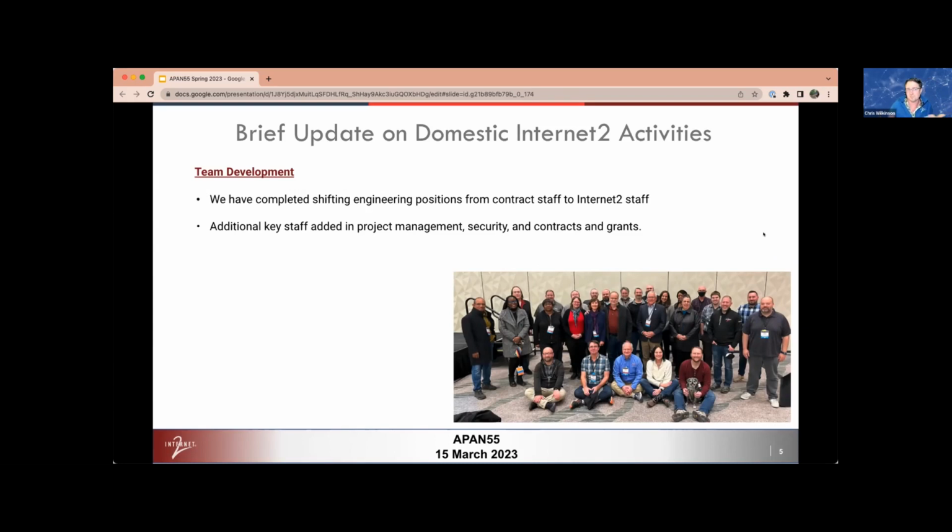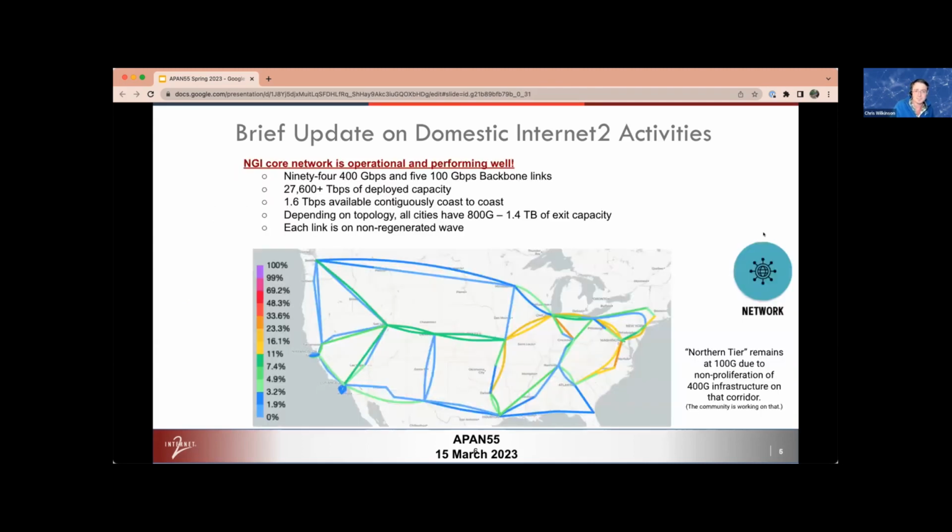So you may see a shift for those of you who interact with our staff over time. We're also adding staff to project management, security, contracts, and grants. I can't really stress enough, staffing is important for us, and we want to increase our overall collaboration, reduce time to delivery of new services, and increase our overall success there.